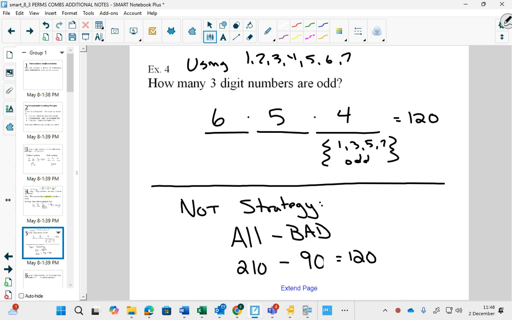Now in this example, you didn't have to use the not strategy because counting it directly with restrictions is easy enough. But there will be some where using the not strategy is going to be way faster than counting directly. So it's going to be another key strategy that we're going to use.